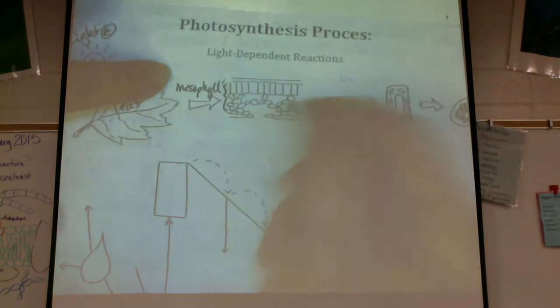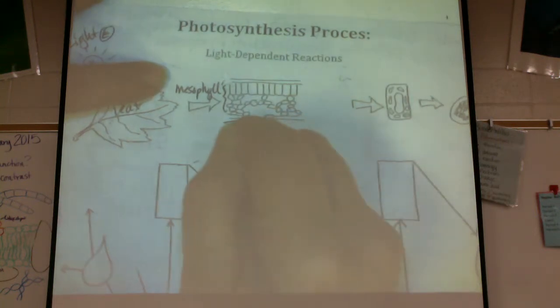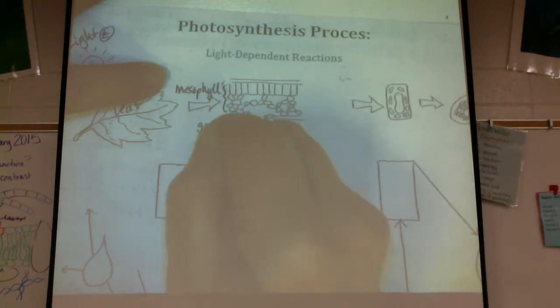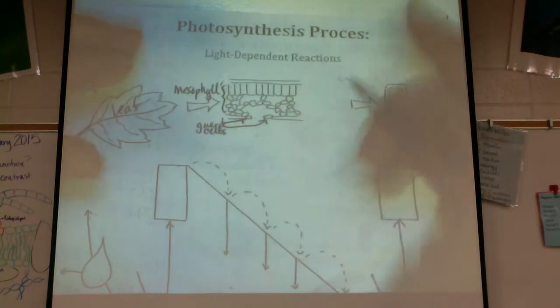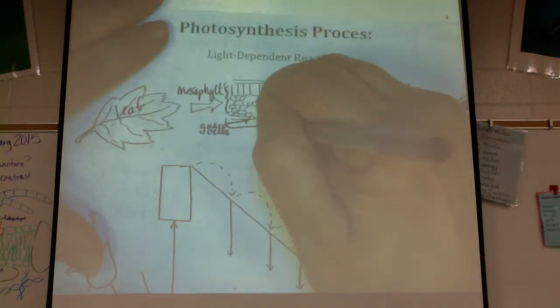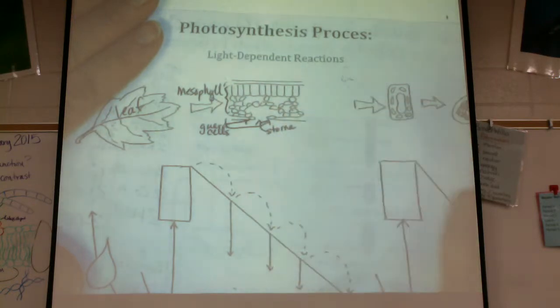Remember, there are also some other things in here. We have these guard cells right here. The guard cells are the ones that inflate and deflate with water to open and close this hole right here, which is the stoma or stomata.